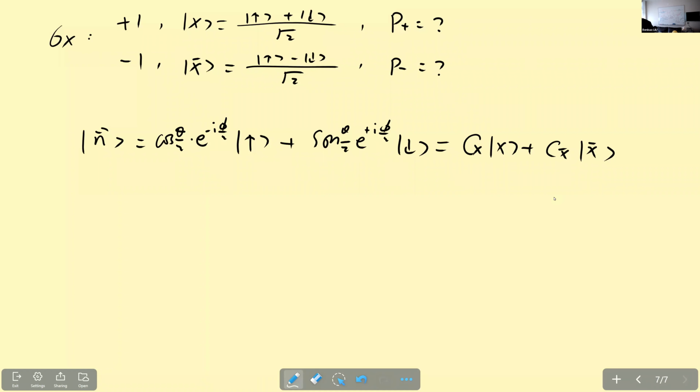If we know this, then we know the probabilities, let's call them p plus x and p minus x. P plus x will just equal c_x modulus squared, and p minus x will equal c_x bar modulus squared. So the question is, how do we calculate this c_x and c_x bar? Do we have a way to do it?